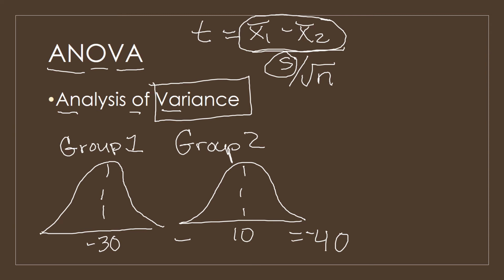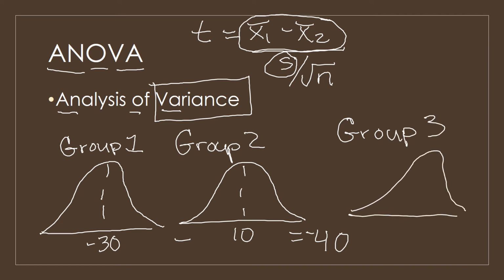But now let's add another group, group 3. So now we're going to have to do ANOVA because we have 3 groups. But say that mean was at negative 40. So if we subtract off negative 40 here, then we're going to get 0.